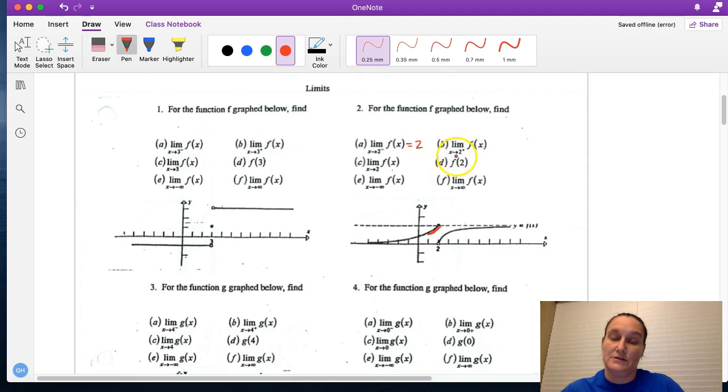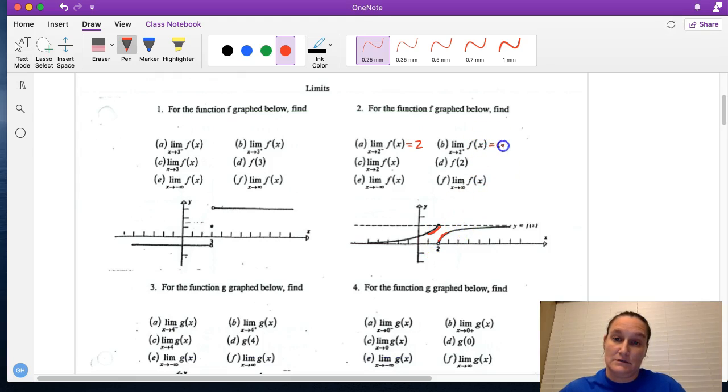This one, B, is doing the limit as x goes to 2 with a little plus. So that is the right-hand side from greater than 2. And so again, we're going from 3 to 2, and as our x values, we're looking at the corresponding y values, and we see as we do this, we're getting closer and closer down. It starts here at about 1 maybe-ish, and it goes down, down, down to 0.